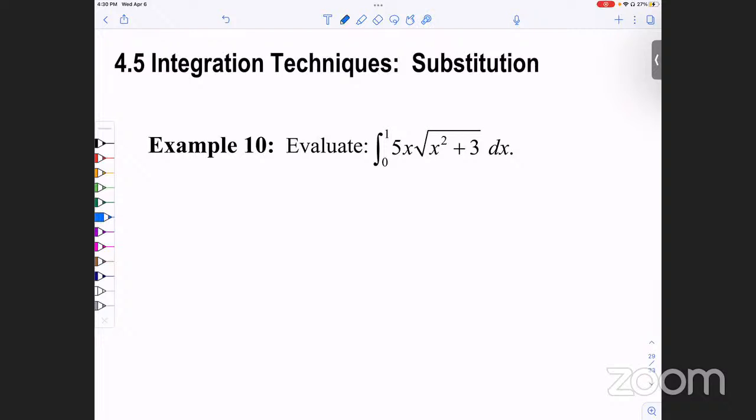So again, the challenge is finding the proper u. We're going to say let's let u be, what is it? X squared plus 3. Let's try that. Then the derivative of that, our du, is going to be 2x dx. Right?